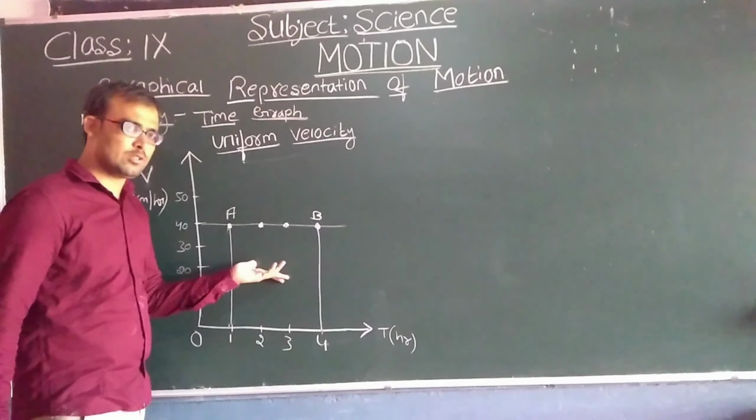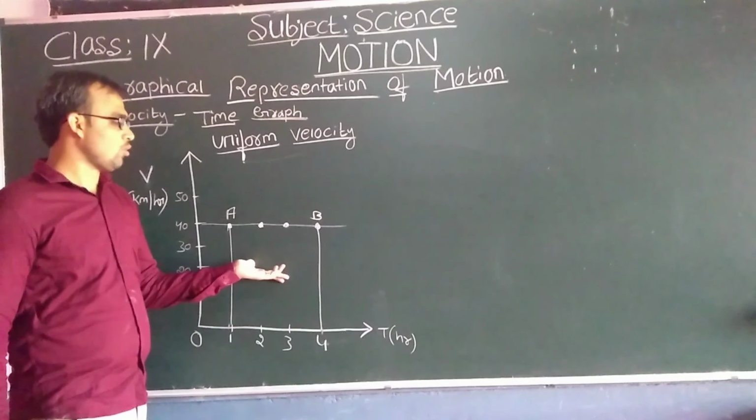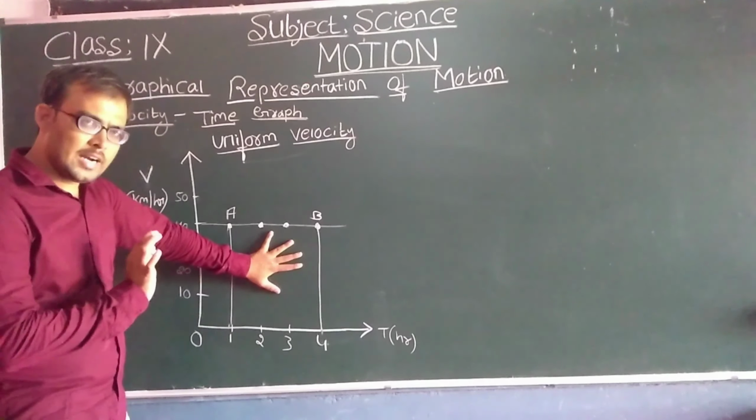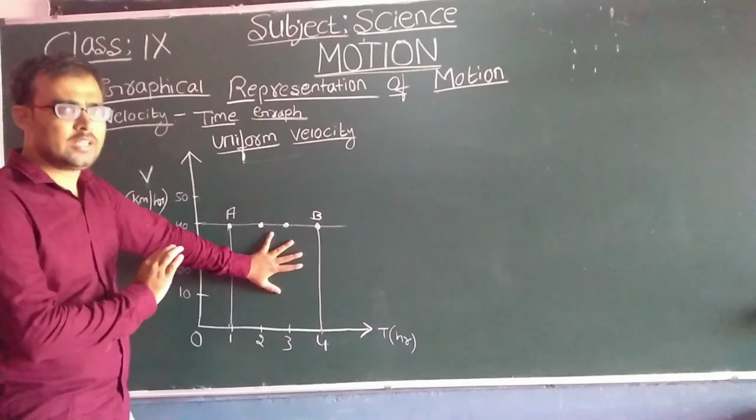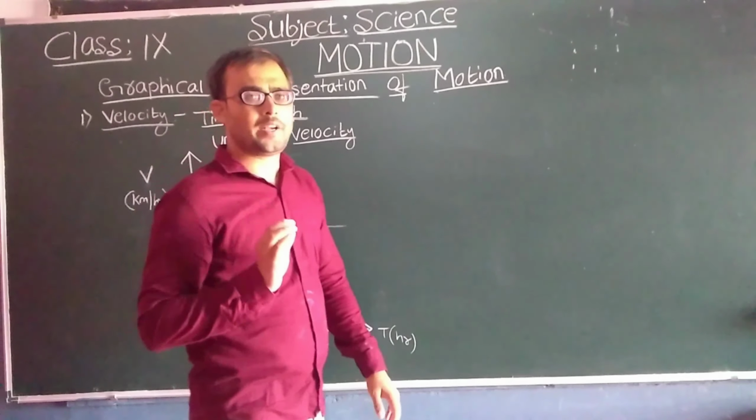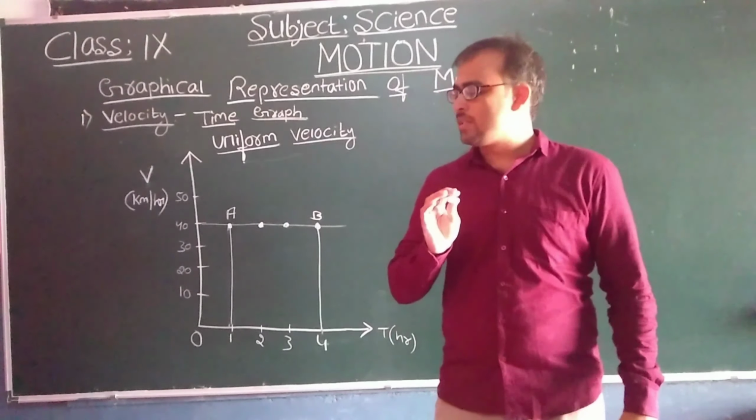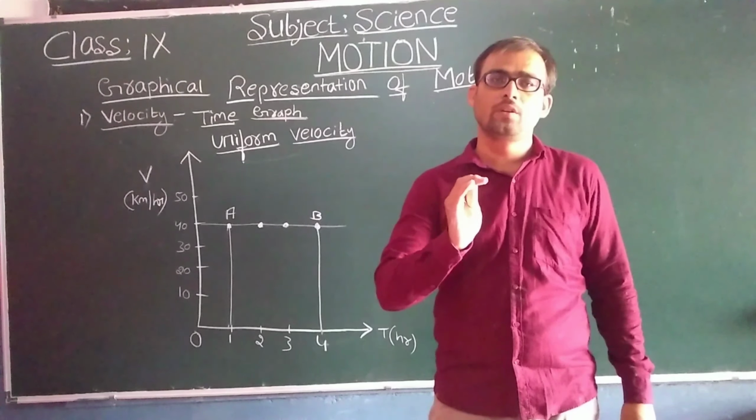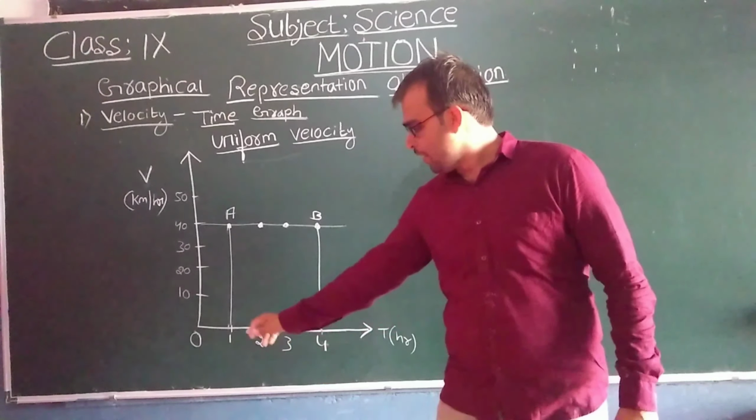It looks like a rectangle now. The area under this rectangle gives you the distance traveled by the object in the time interval t1 and t2.